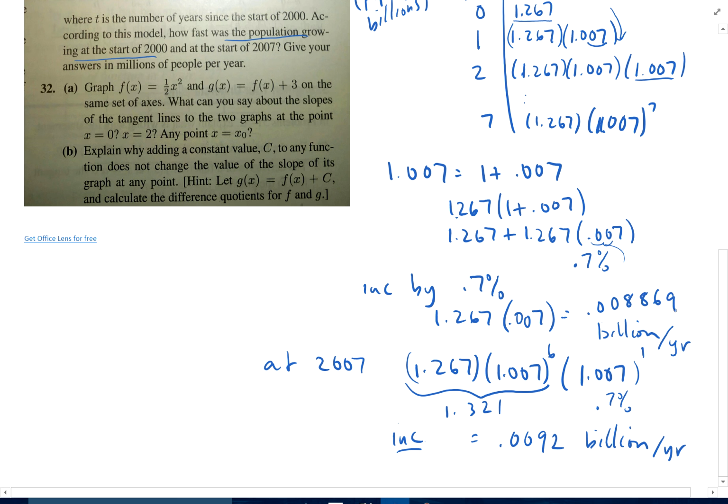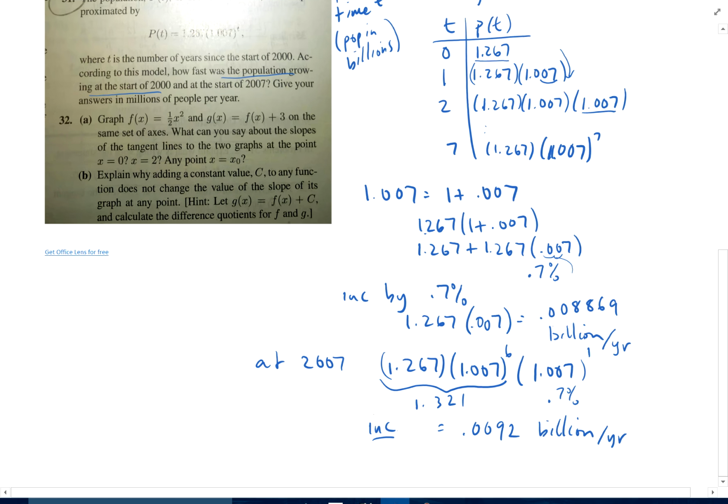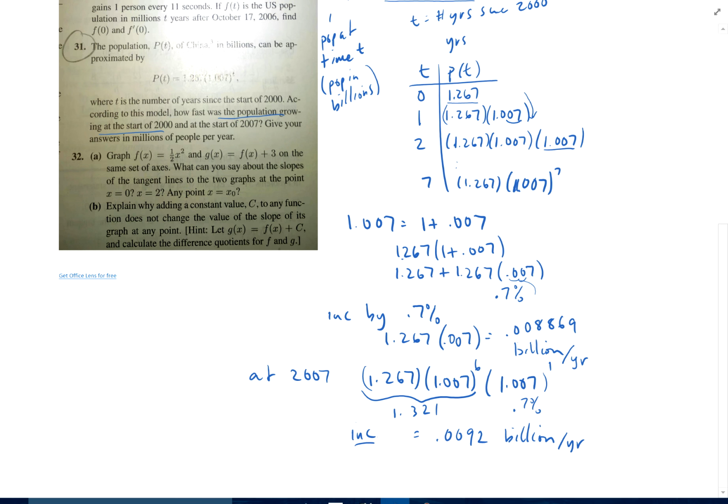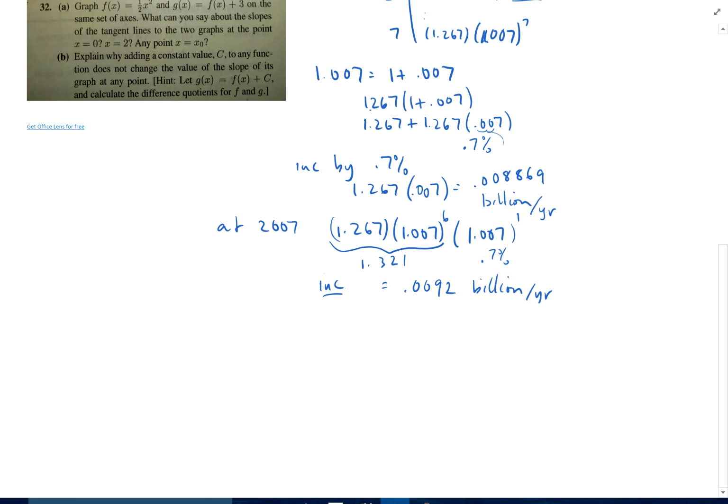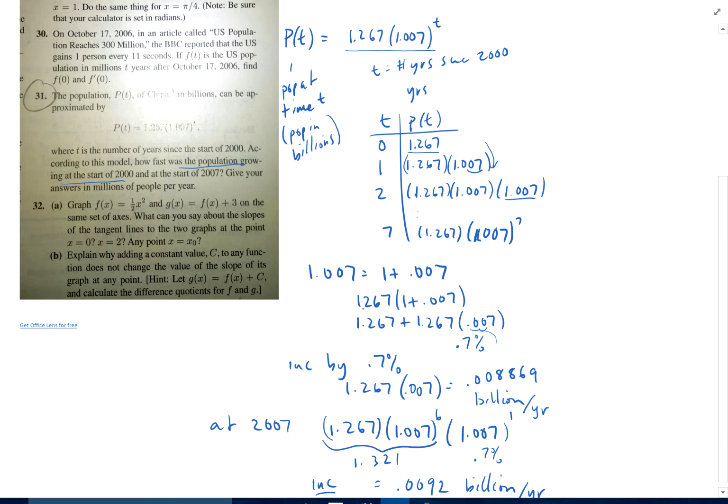Okay, so let's just recap this, because I don't think we've done one of these in class, but you probably did last year. Because it's exponential, we're multiplying by 1.007 each year to get the next year, right? Well, that's an increase of 0.007 or 0.7% each year. So each year it's going to grow by more people, right?